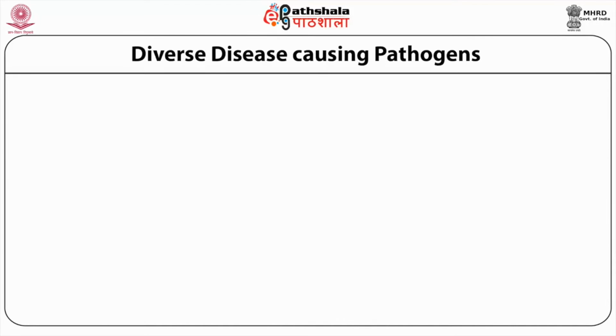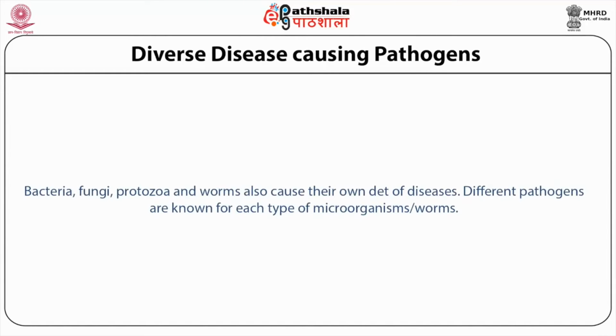Let us also look at illustrative examples of the bacteria, fungi, protozoa and worms which cause their own set of diseases. Different pathogens are known for each type of microorganism or virus. In bacteria, we have gram-positive cocci like staphylococci or streptococci.